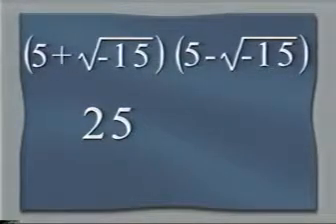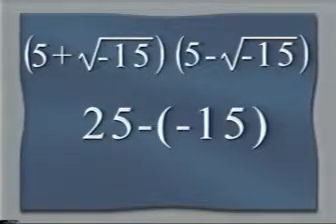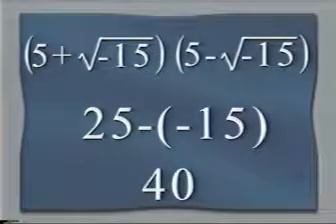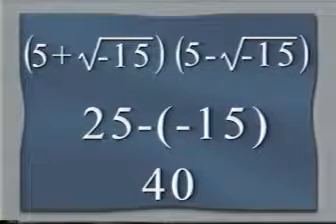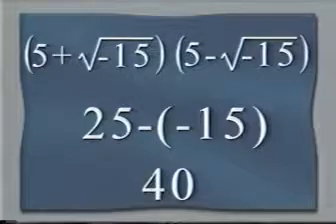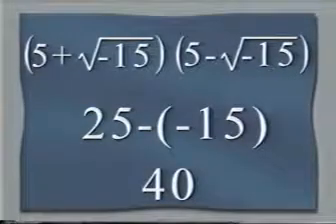And the square root of negative 15 times itself gives you negative 15, but a plus times a negative gives you a negative, so negative times negative 15 is a positive 15. So we have 25 plus 15, which is 40. And obviously, adding the 2 numbers, we get 5 plus 5 is 10, and the 2 square roots of negative 15 cancel since they have opposite signs. So the answer to Cardano's question was 2 complex numbers.